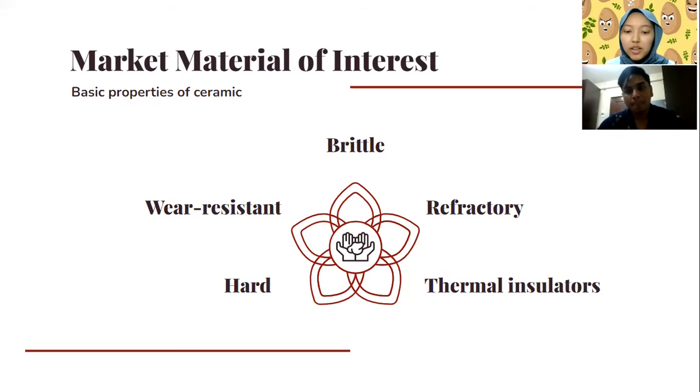Most ceramics are made up of two or more elements. This is called a compound. For example, alumina Al2O3 is a compound made up of aluminum atoms and oxygen atoms. So in general, most ceramics are hard, wear resistant, brittle, refractory, and thermal insulators.